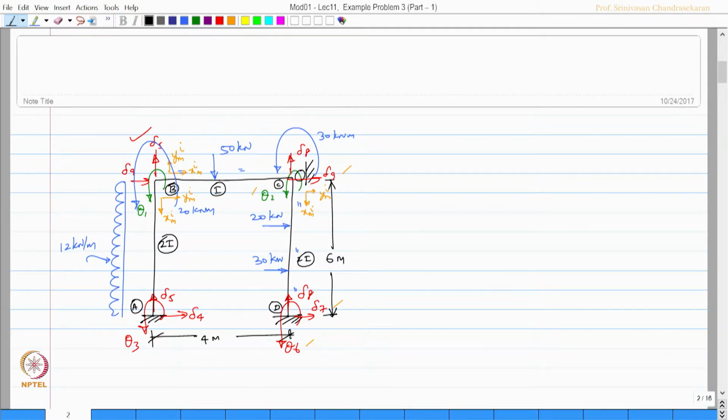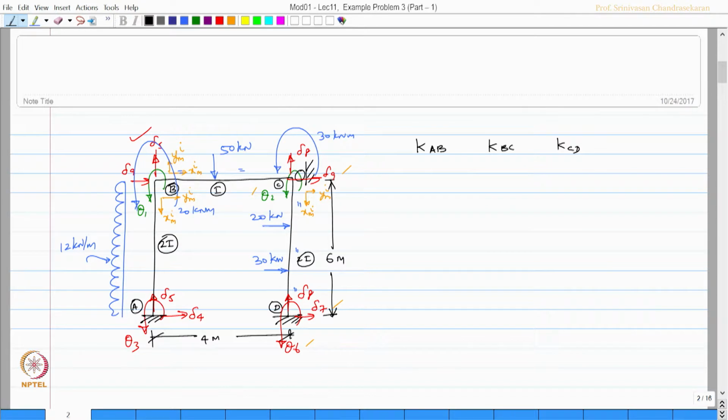There are 3 members A, B, B, C and C, D of different EI values subjected to a variety of loads on the spans A, B, B, C and C, D. If you look at the results, what we have obtained, we obtained the stiffness matrix for the member A, B, stiffness matrix for the member B, C and stiffness matrix for the member C, D, considering fixed beam as a standard model.